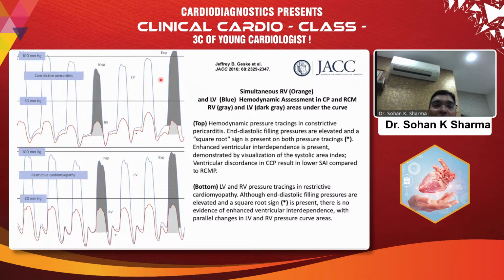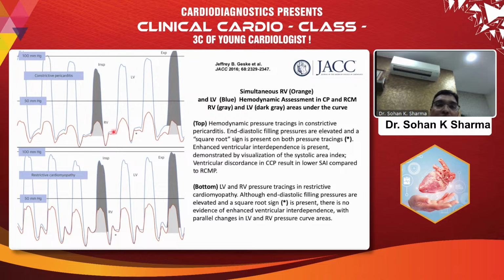This is the ventricular discordance. If you see, this is the inspiration, this is the expiration. In the expiration, LV pressures increase, while RV pressure decreases. In the inspiration, LV pressure decreases and RV pressure is increased. Along with that, there is LV rapid filling wave. It is more than 7, and there is dip and plateau configuration.